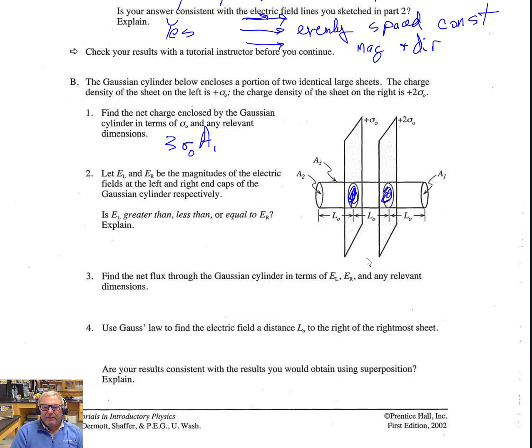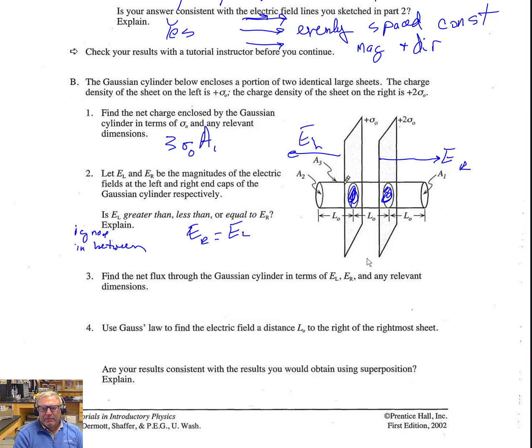Okay, the electric field at the left and right end caps. So this is E right and this is E left. We're going to ignore the area in between. ER is equal to EL, in magnitude anyway.